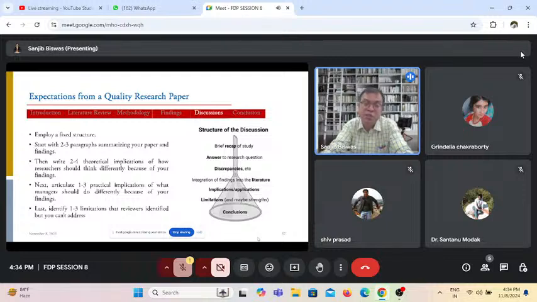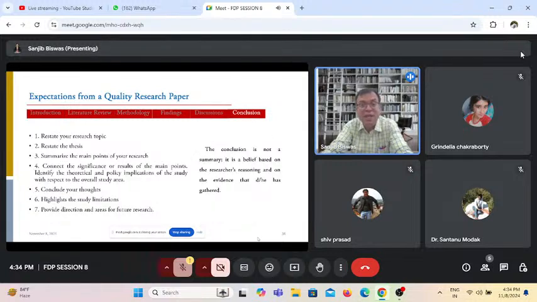The first two or three paragraphs summarize your findings, theoretical implications, practical limitations, and conclusion. Briefly restate your research topic and summarize the main points. This part is very, very important: conclude your thoughts, because you need to finally conclude what you are thinking.